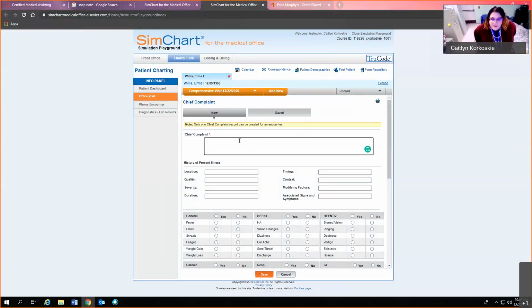for foot pain. Okay, so patient presents for right foot pain after fall that happened 2 weeks ago.